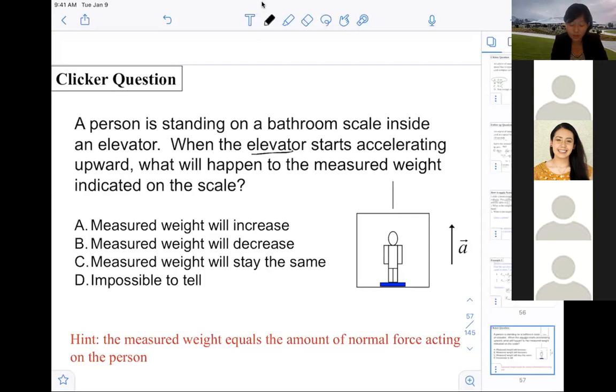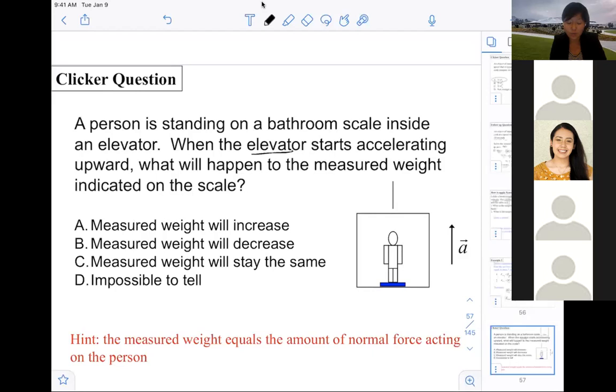Now here, the hint is that the weight that you measure is equal to the amount of normal force acting on you. So if you think the bathroom scale is providing more of a normal force for you, then your measured weight will be more.